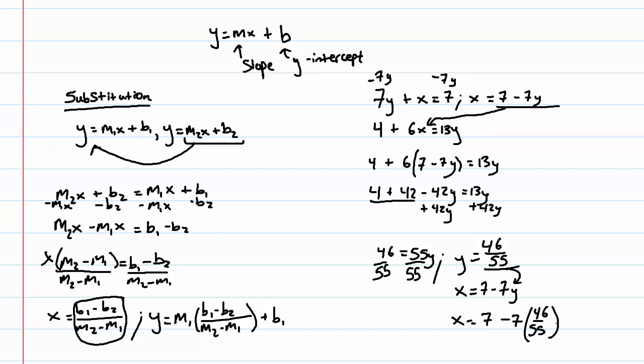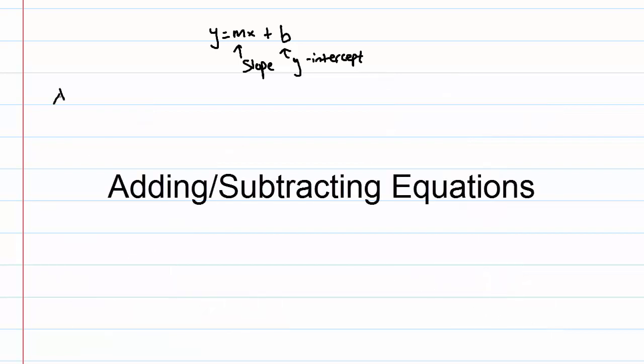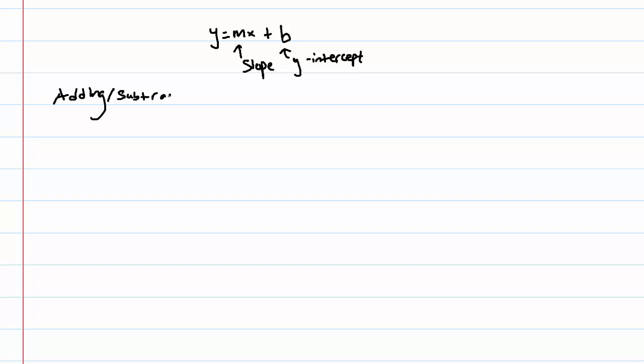Now let's move on to our second method. Our second method involves adding or subtracting our equations. For this method, let's say that our y values also have numbers in front of them. We'll call them C1 and C2 respectively.